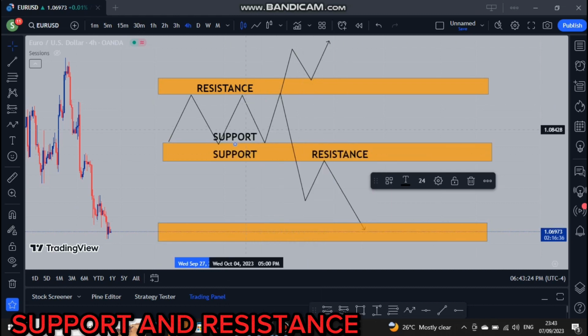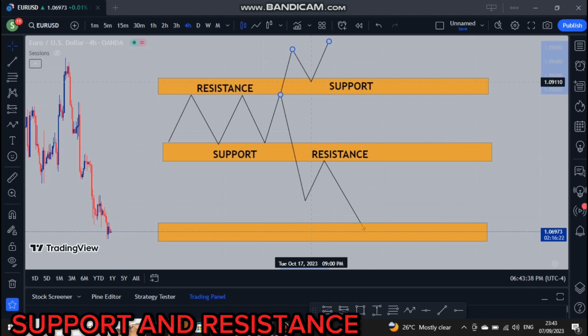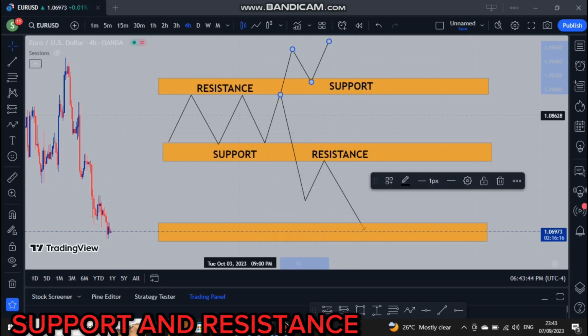So we always look to buy once the market breaks out and comes back to retest this support area. Since resistance has turned to support now, we always look for the market to break above, then come to retest our zone, then we buy to the upside. So you can have supports like this. This is how you draw your support.